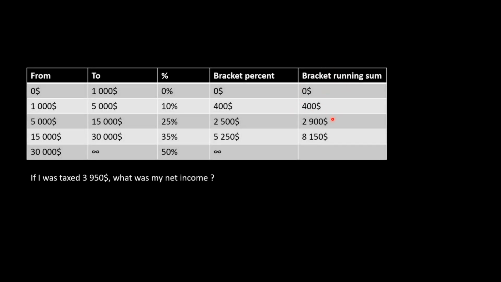So that's the running sum, and you can see that it's 500 plus 0, 400 plus 0, then 400. Then 2,500 plus 400 gives 2,900, and then 2,900 plus 5,250 gives 8,150.